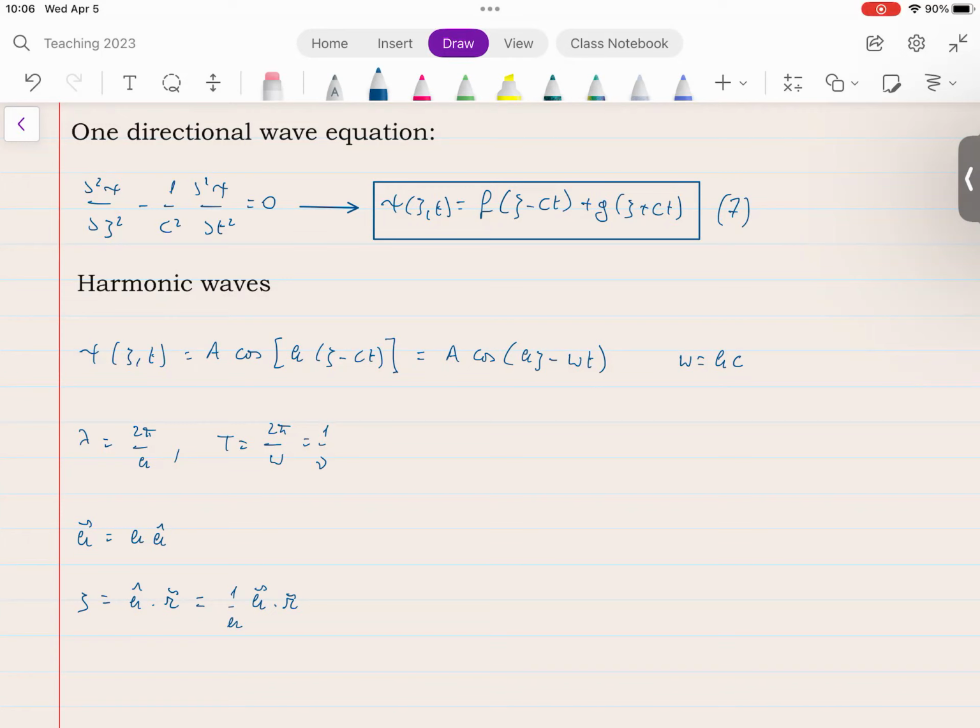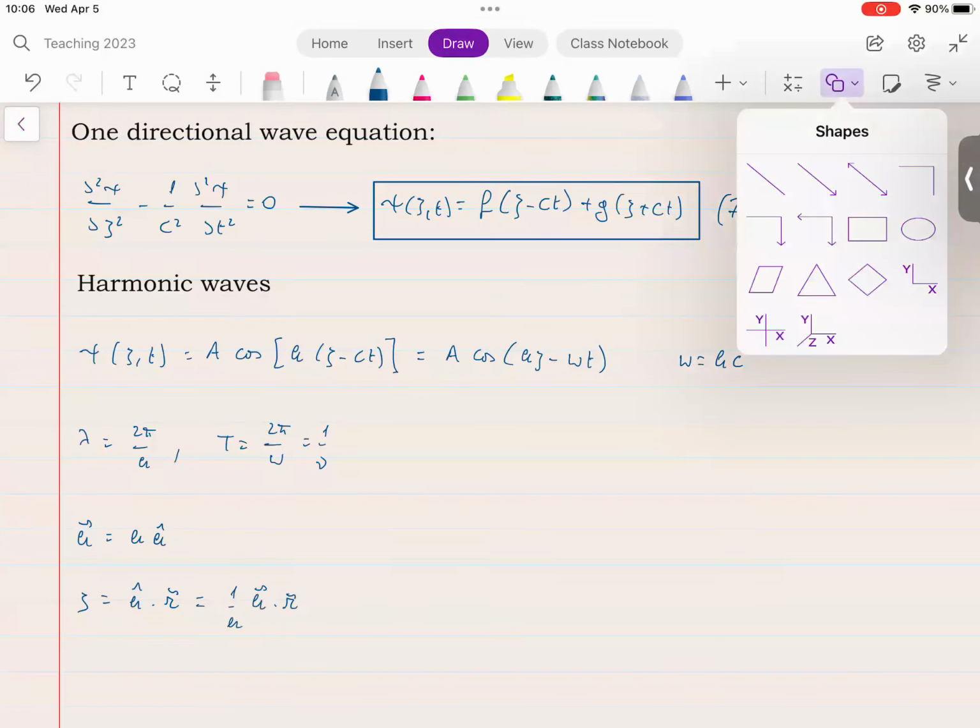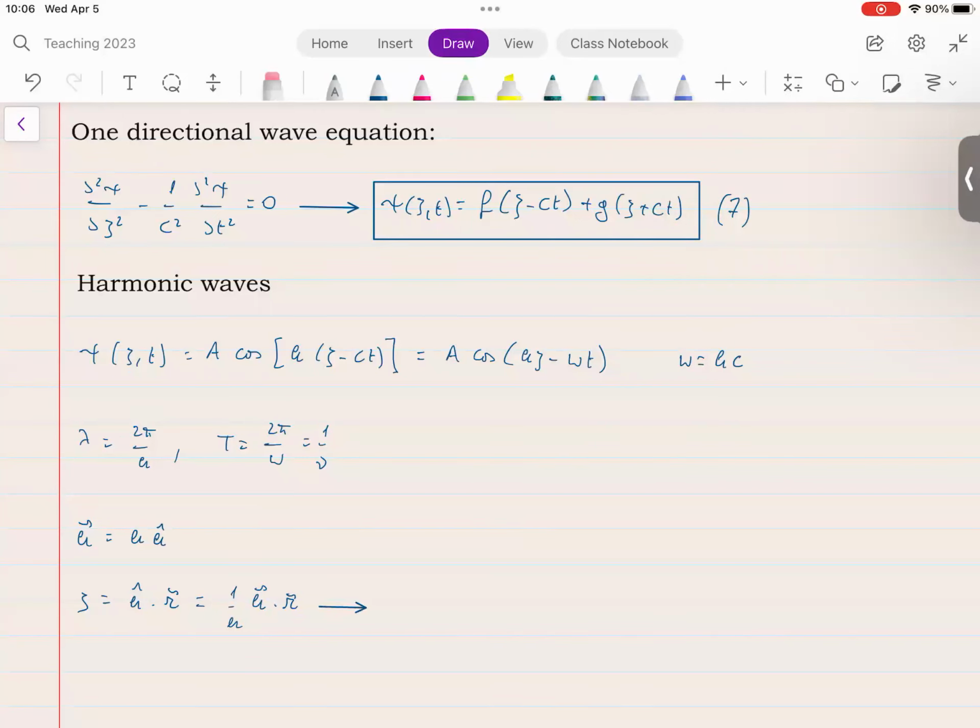And that tells me that psi, from the equation above, call this 8, psi now of r and t is going to be equal to A times the cosine of k zeta, that's k vector dot r, minus omega t.